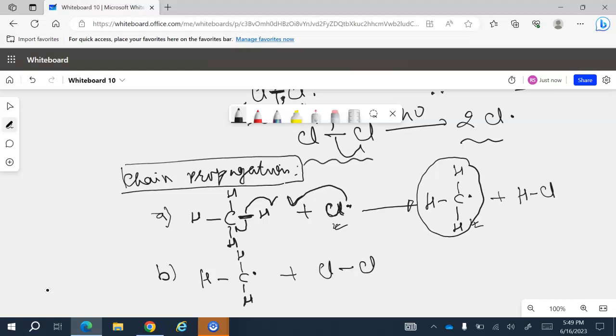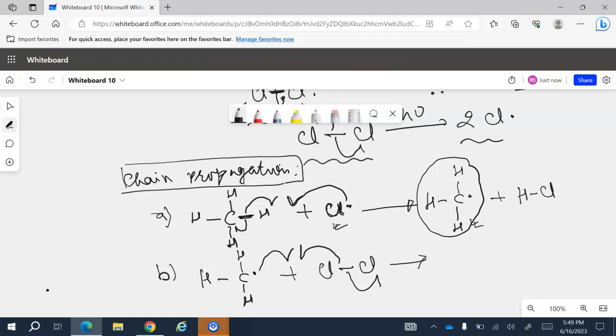It cleaves the chlorine-chlorine bond, so the methyl radical combines with one chlorine and another chlorine radical is generated. So it causes the breaking of the chlorine-chlorine bond homolytically in the second propagation step.